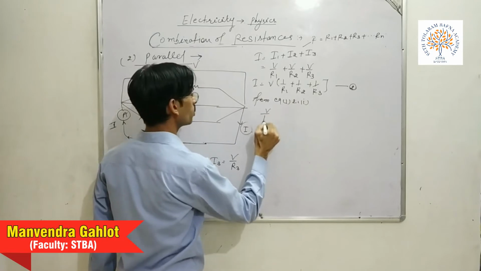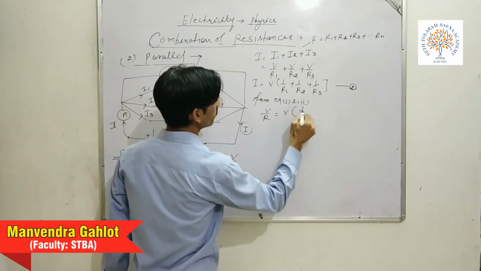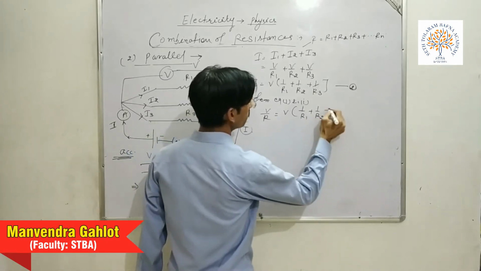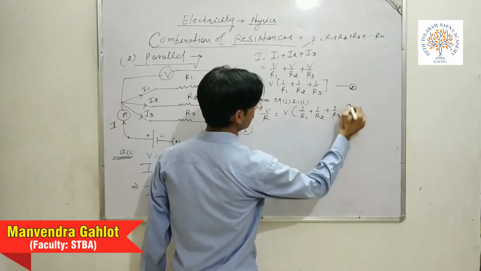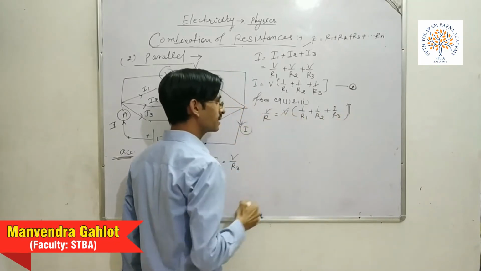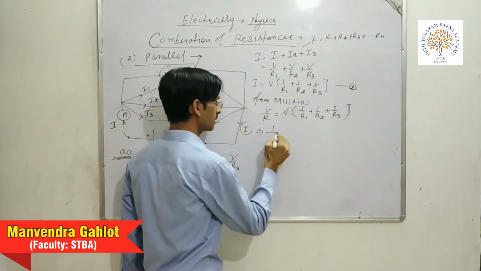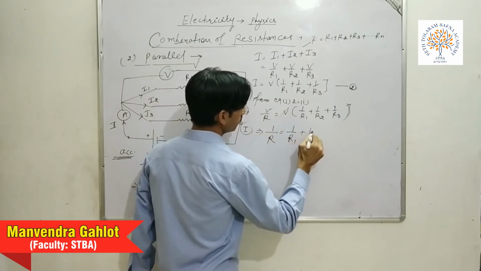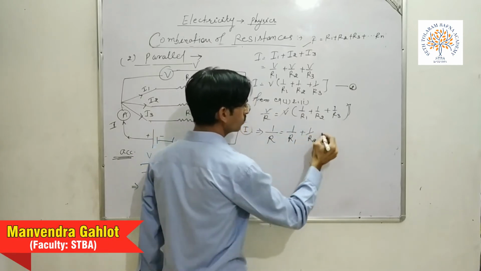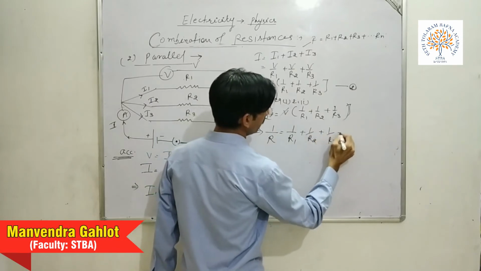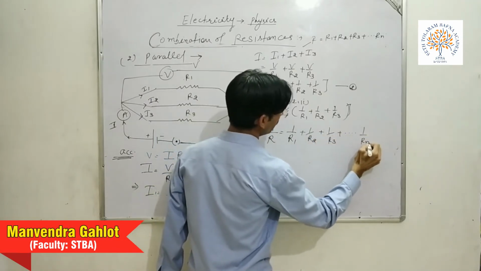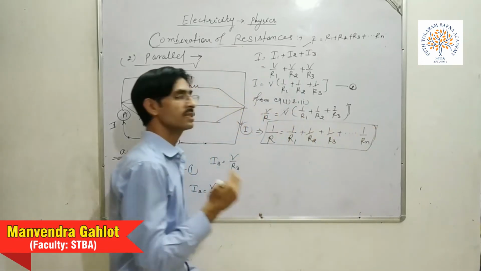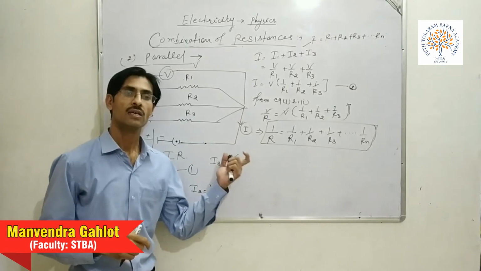So V upon R equals V times 1 upon R1 plus 1 upon R2 plus 1 upon R3. V and V cancel. So finally we got the result: 1 upon R equals 1 upon R1 plus 1 upon R2 plus 1 upon R3 up to 1 upon Rn. So this is the final equivalent resistance of parallel combination.